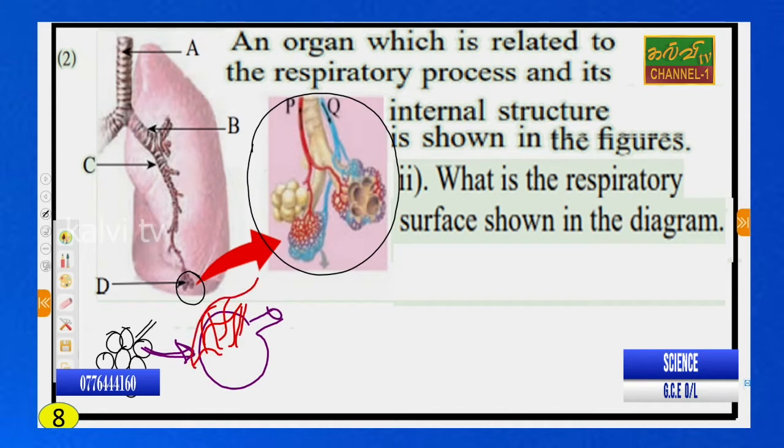There are small blood capillaries around the alveoli. The arteries and veins also come here. The oxygen gas enters through this bronchiole.